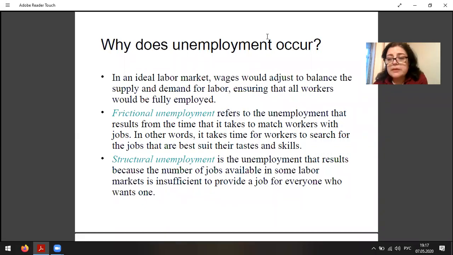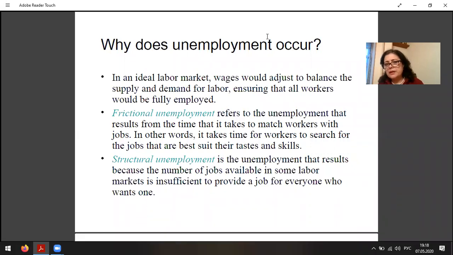Now, the other important issue concerning unemployment is the types of unemployment, like the frictional and structural. Frictional unemployment, or temporary unemployment, or voluntary unemployment, refers to unemployment that results from the time it takes.